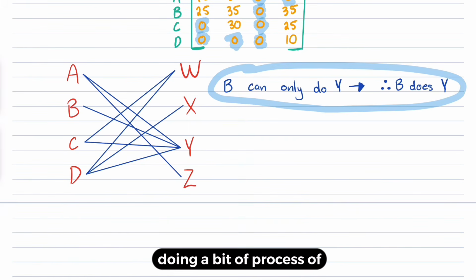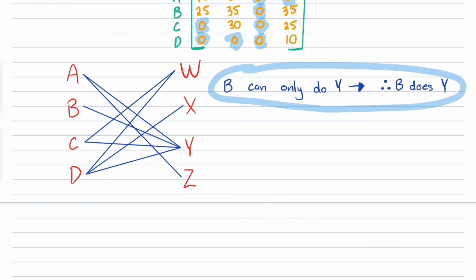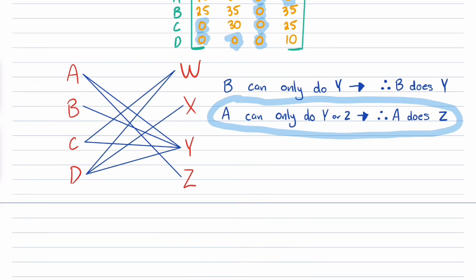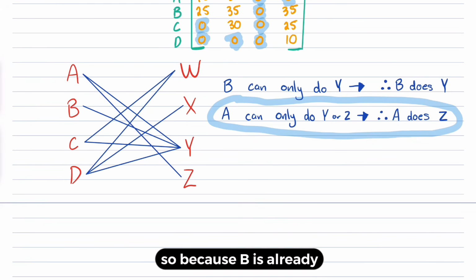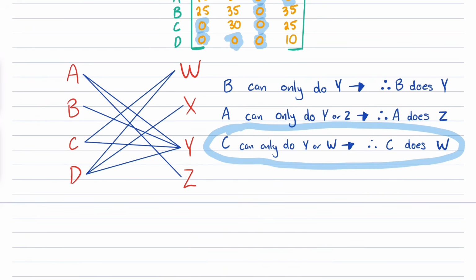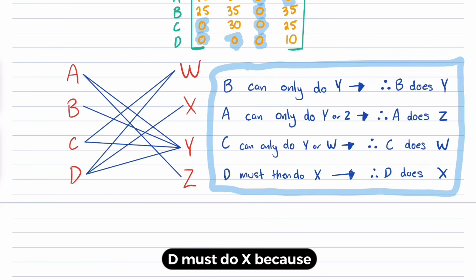Doing a bit of process of elimination, B can only do Y. That means that therefore B has to do job Y. Then A can only do Y or Z. So because B's already doing Y, that means that A must do job Z. And then C can only do Y or W, so therefore C must do job W. And then that means that D must do X because that's the only one left.